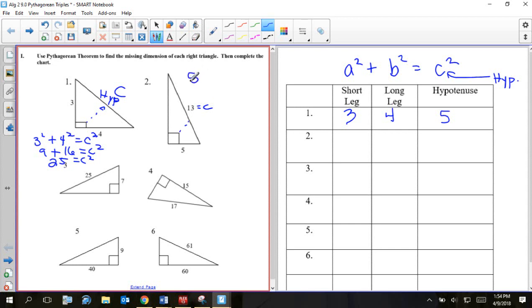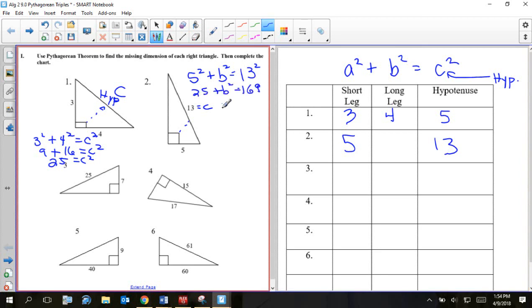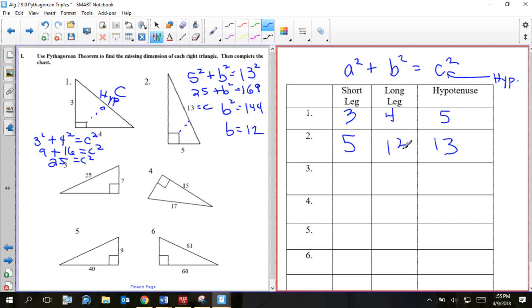So we'll set this one up as 5 squared plus b squared equals 13 squared. So I'll have a 5 here and a 13 here. And then we're going to solve that. We'll get 25 plus b squared equals 169. So b squared is 144. And then you square root and you get b is 12.